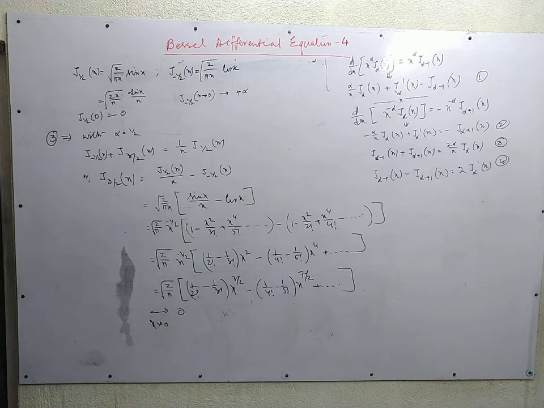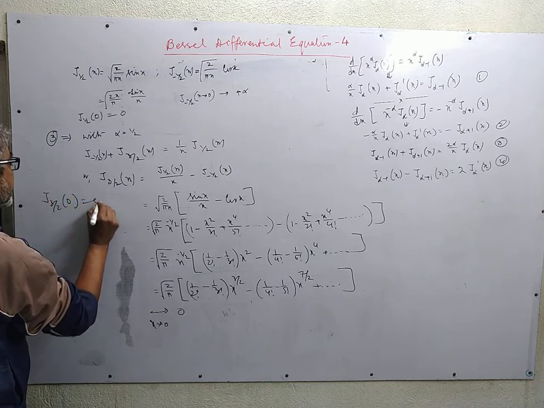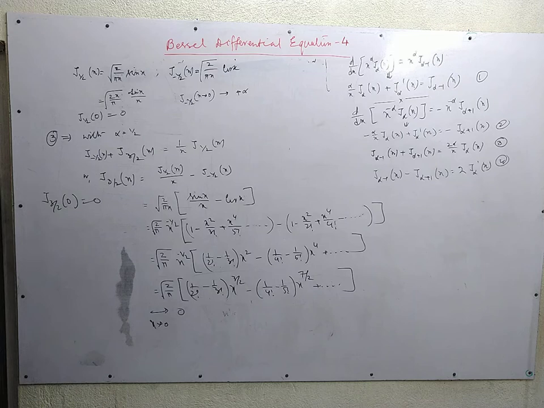So we see that Bessel function of order 3 by 2 at the origin is 0.